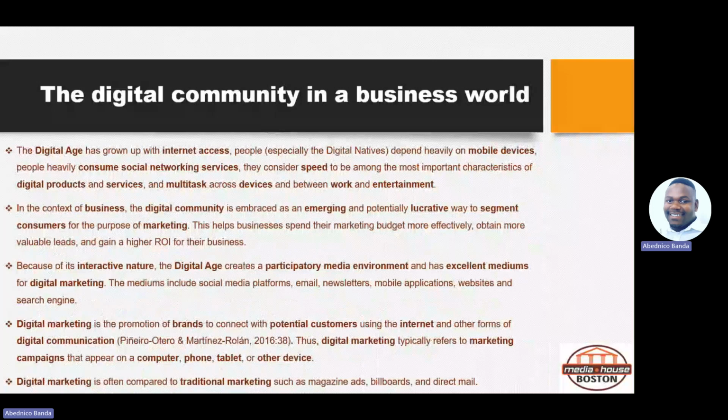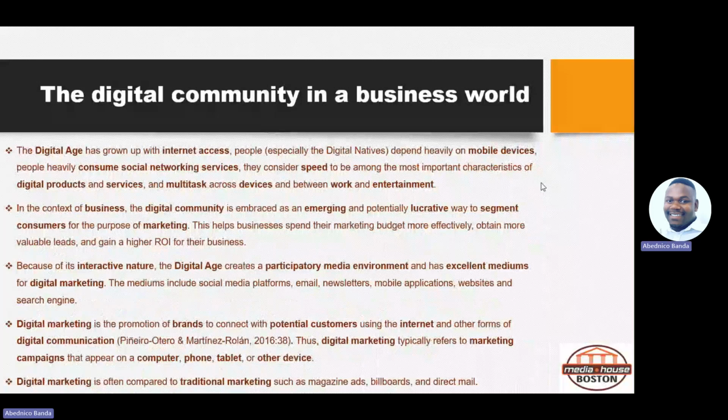People, especially the digital natives, depend heavily on mobile devices. People heavily consume social network services. Consider speed to be among the most important characteristics of digital products and services, and multitask across devices and between work and entertainment. We know this very well.